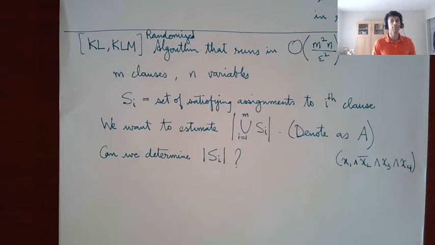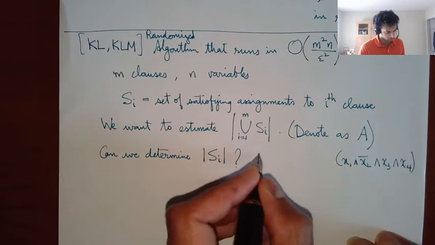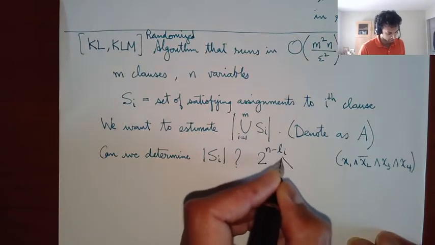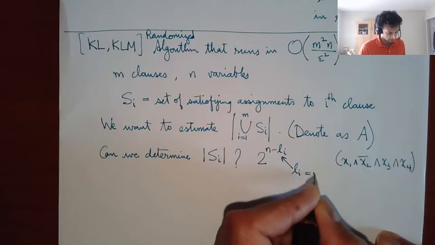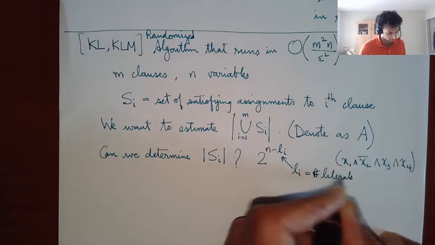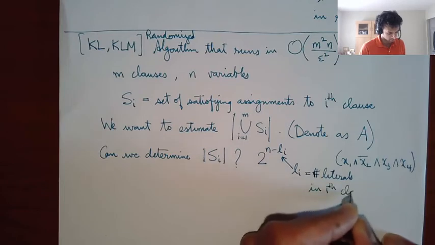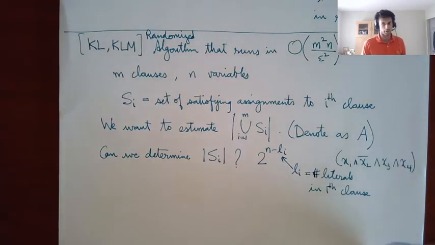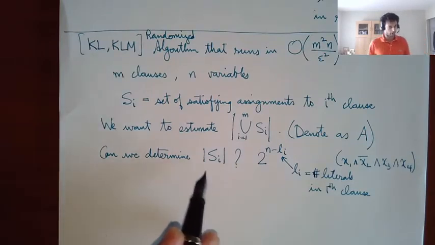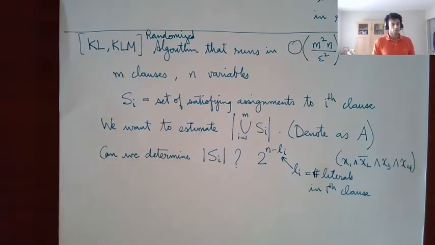Right, there are n variables. Almost. Sorry, no, 2 to the power of that. So it's going to be 2 to the power of n minus l_i, where l_i is the number of literals in the ith clause. Here that would be 4, so it would be 2 to the n minus 4. So we can determine the number of satisfying assignments for an individual clause very easily. We can just look that up.